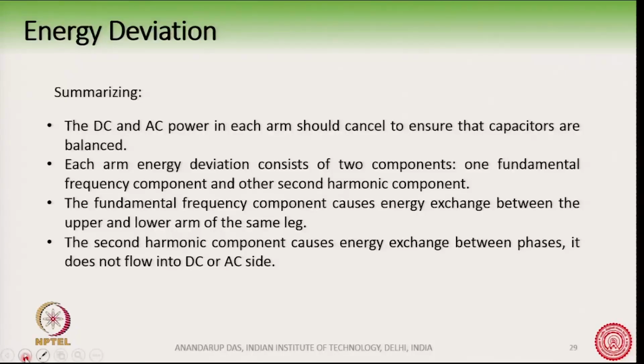So, there is an energy exchange taking place at the fundamental frequency and at the second harmonic frequency, as well as we have to ensure the capacitors are balanced. So, the DC and AC powers must be balanced with each other. All this makes it a very interesting converter to study and analyze.